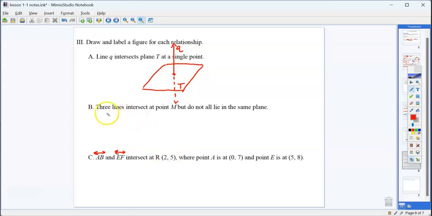All right, letter B, three lines intersect at point M, but do not all lie on the same plane. So let's take a look at this. So here we have a plane. Call it M. So we can put two lines, maybe I'll do a different color.